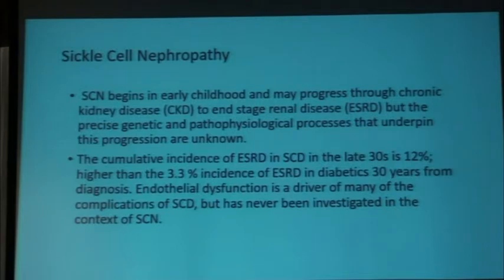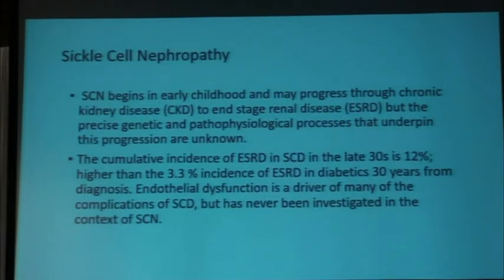It leads to chronic kidney disease when you talk about a drop in the GFR, but subsequently to end-stage renal disease when there is inability to handle all the products on the basis of the kidney function. And the incidence of kidney impairment or end-stage renal disease in sickle cell disease, when you compare that with diabetes, we know very much that diabetes is a risk factor.